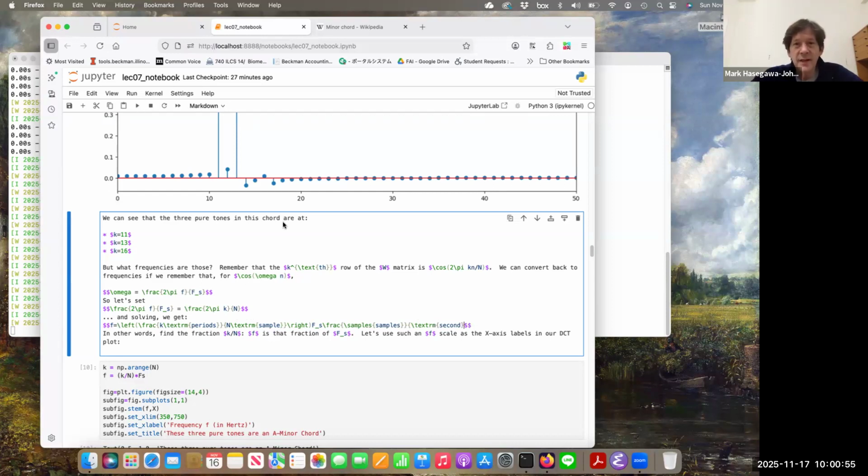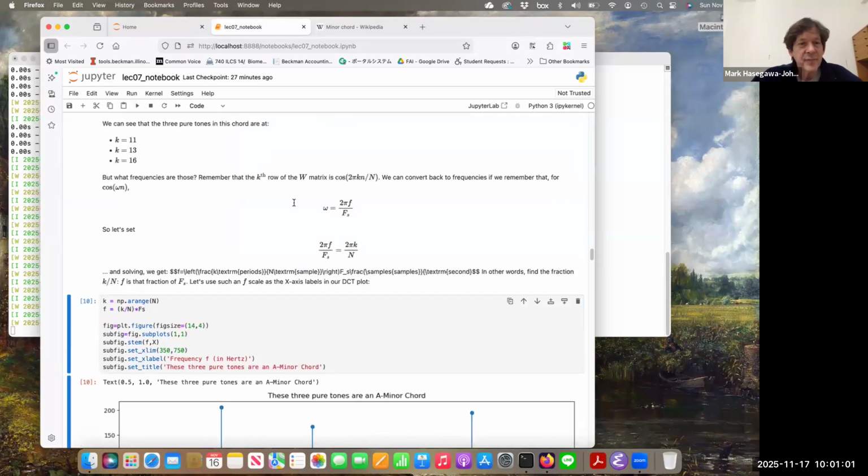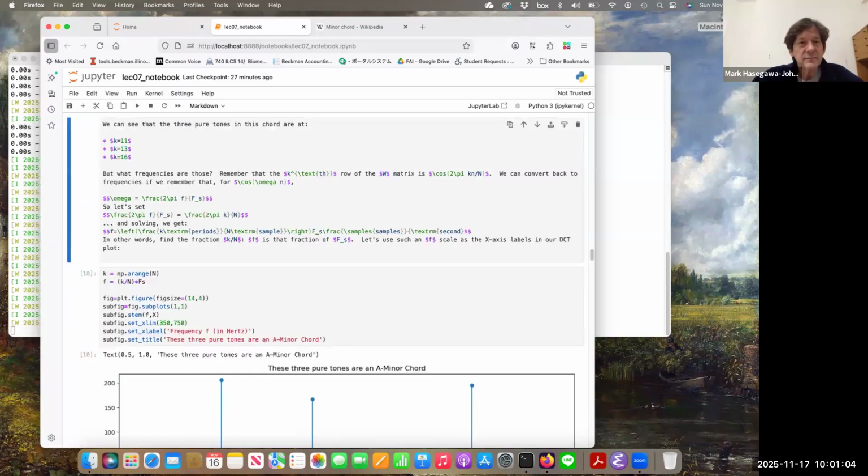Let's see if that worked out. Nope, it didn't like my text RM. I wonder if it'll like mbox. Let's try that. That's another command that sometimes works to give me non-mathematical characters.